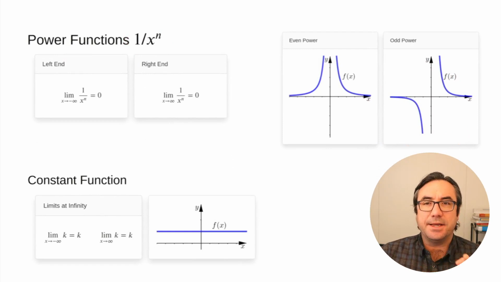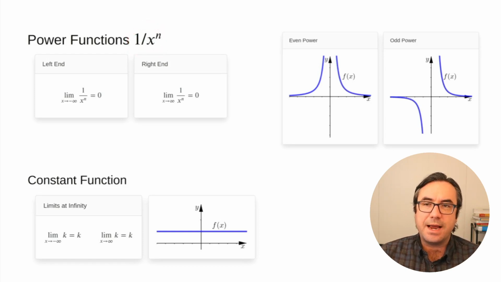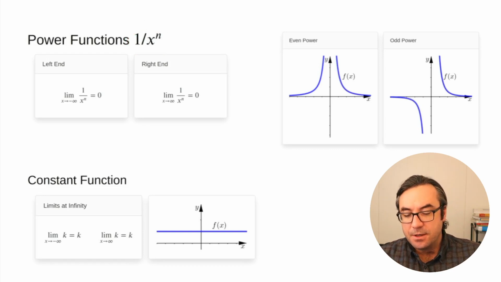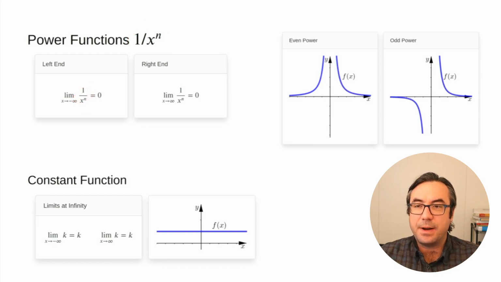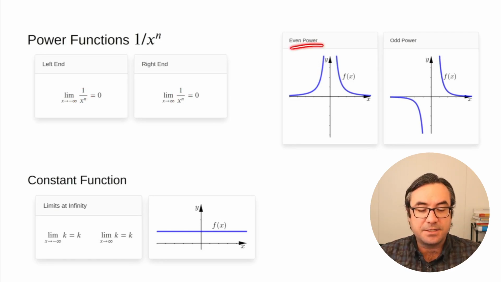This one's nice, and it's the main one we rely on for a lot of our calculations, because the limit of 1 over x to the power n is equal to 0 whether x goes to infinity or x goes to minus infinity. It doesn't matter whether it's an even or odd power, the limit is still 0.